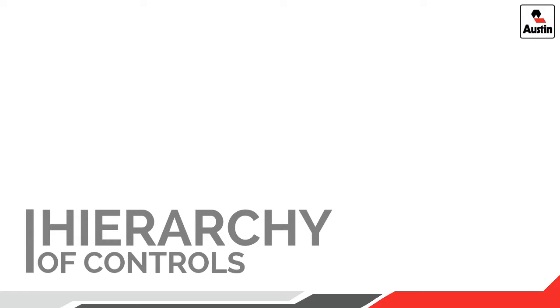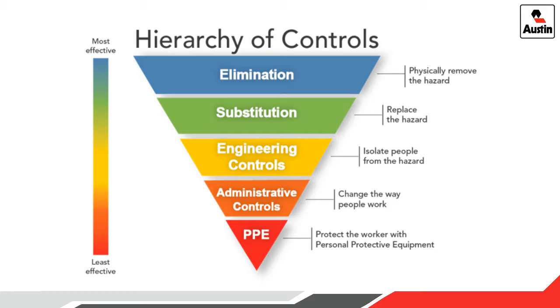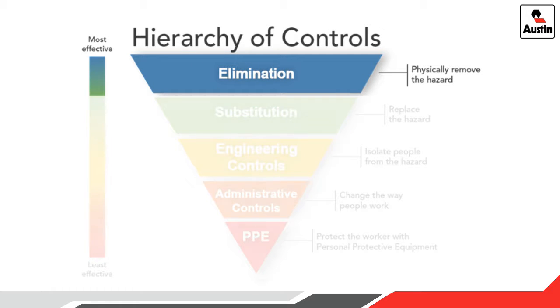The hierarchy of controls is a range of methods to control hazards from most effective to least effective. The most effective way to control hazards is to eliminate or substitute them. Elimination of a hazard means to physically remove the hazard. Actually removing the hazard itself is the safest way to perform the work.